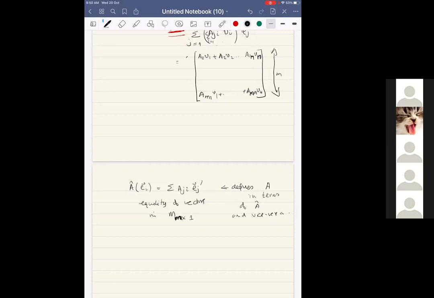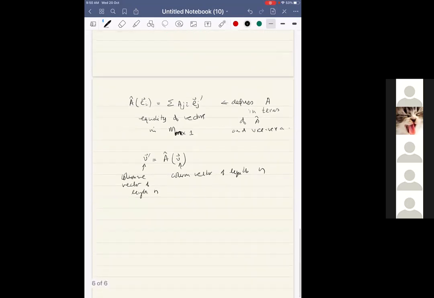Now you also have, if I define v prime equal to A hat v, this is a column vector of length n.